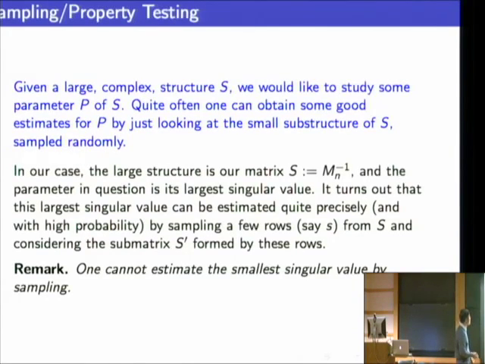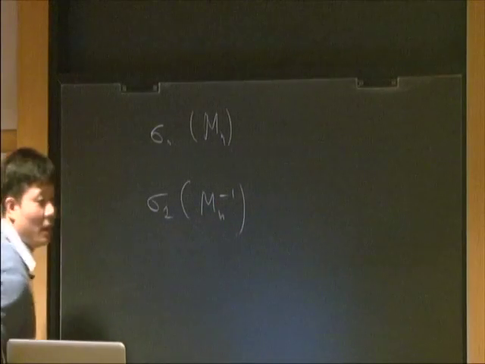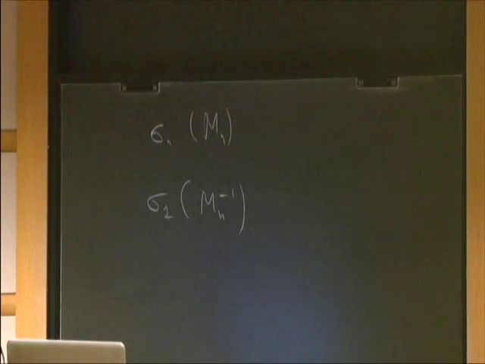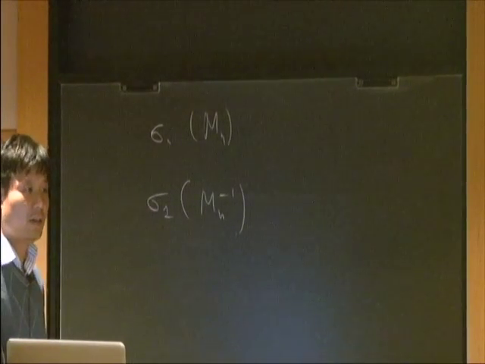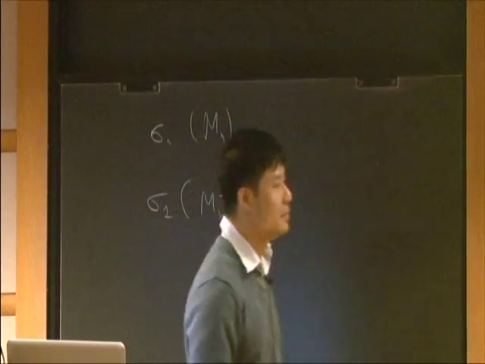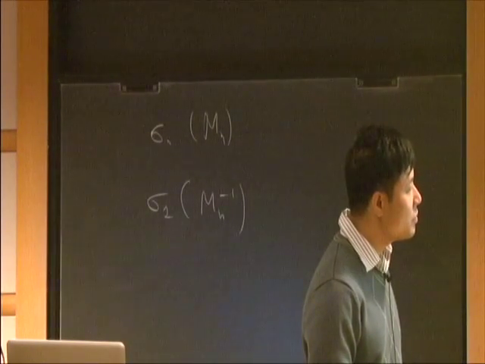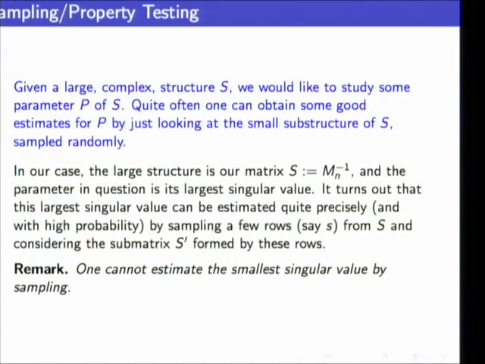So here, what is the large structure we want to talk about? We talk about sigma_n of M_n, which is of course 1 over sigma_1 of M_n inverse. And usually sigma_1 is much easier than sigma_n.